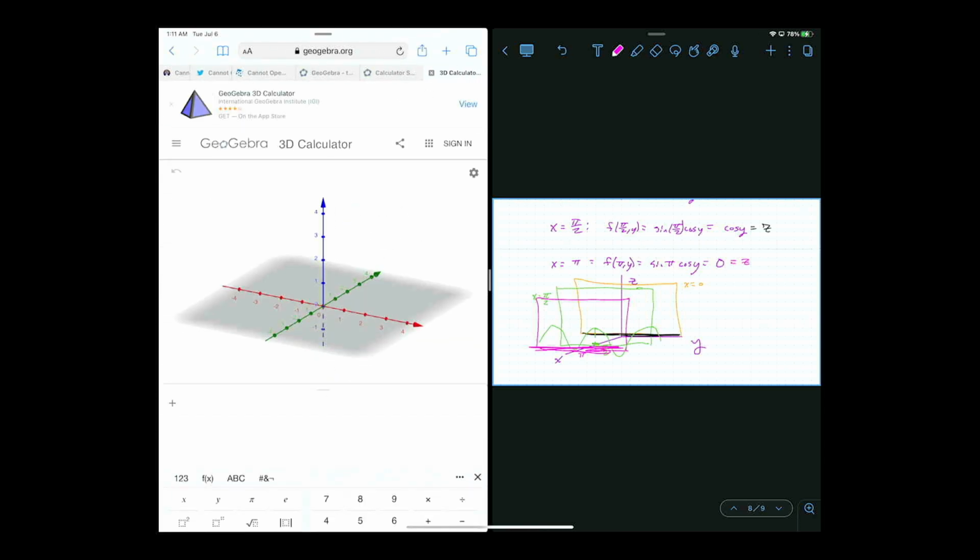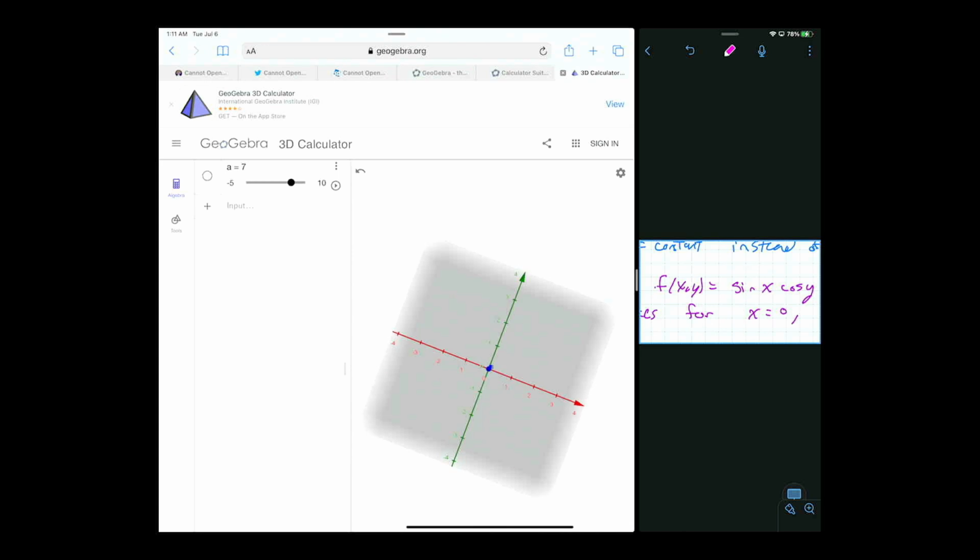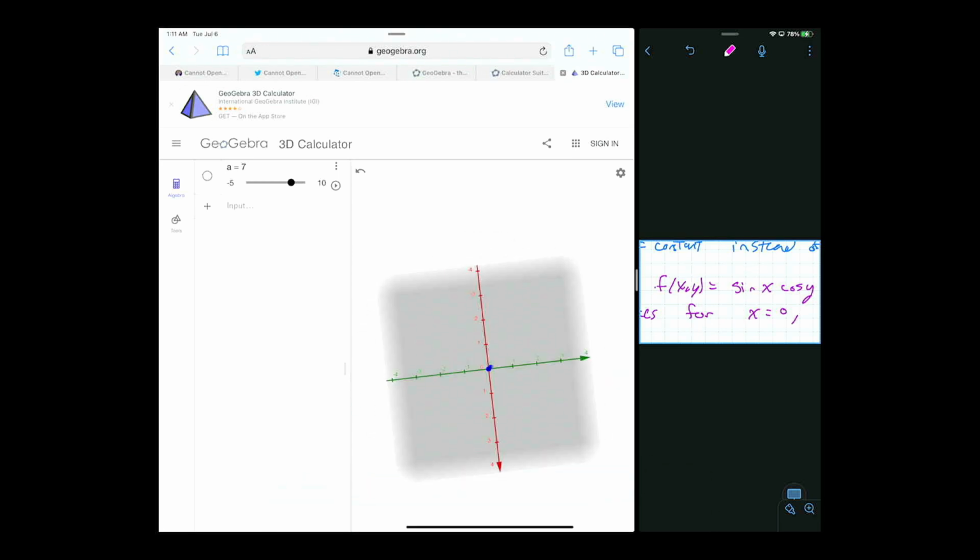3D calculator. Here we are trying to plot the original function, which is f of x, y equals sine x cosine y. Okay, so that's z equals. So let's see if we can first of all figure out how to scroll here. That's completely useless.